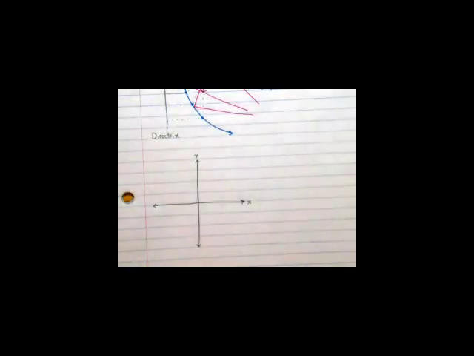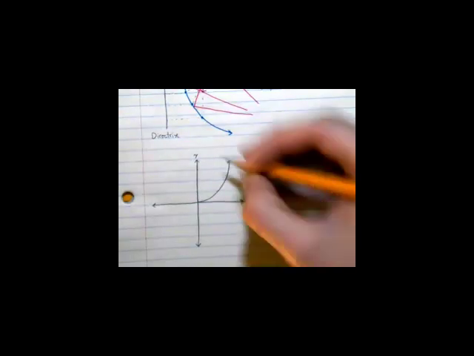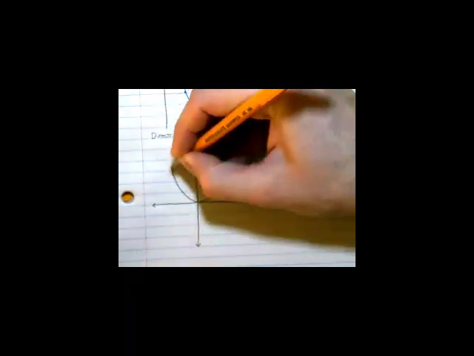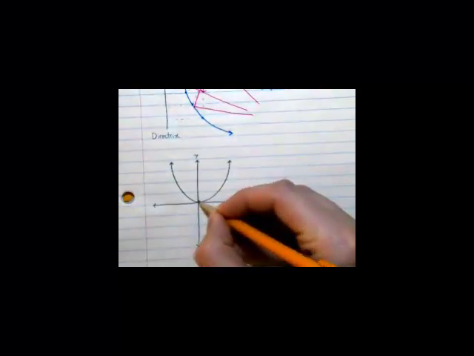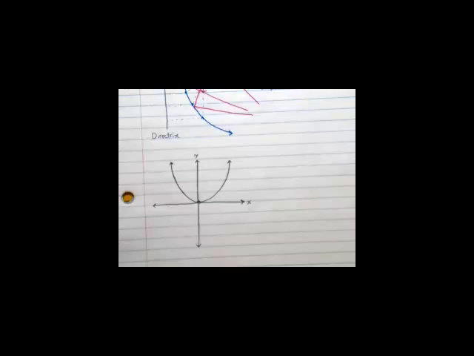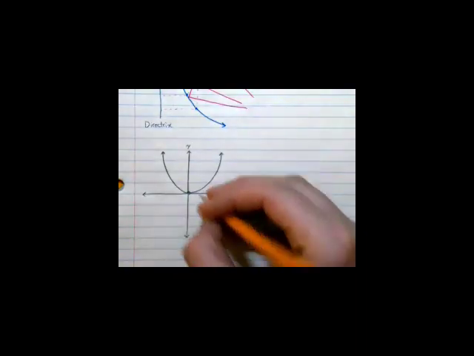So let's have a parabola that sits right off the origin. This point right here has a name. You've talked about it before. It's the origin, but on a parabola, what's it called? This is the vertex.